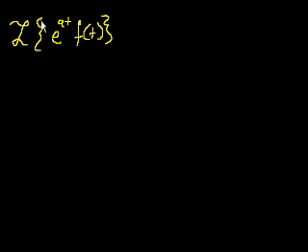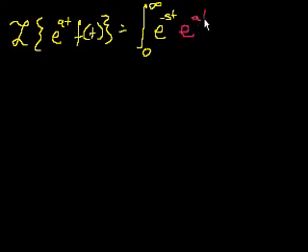Fascinating. Well, let's just go back to our definition of the Laplace transform. It is the integral from 0 to infinity of e to the minus st times whatever we have between the curly brackets. So we have e to the at f of t dt. And now we can add these exponents, right? We have a similar base.